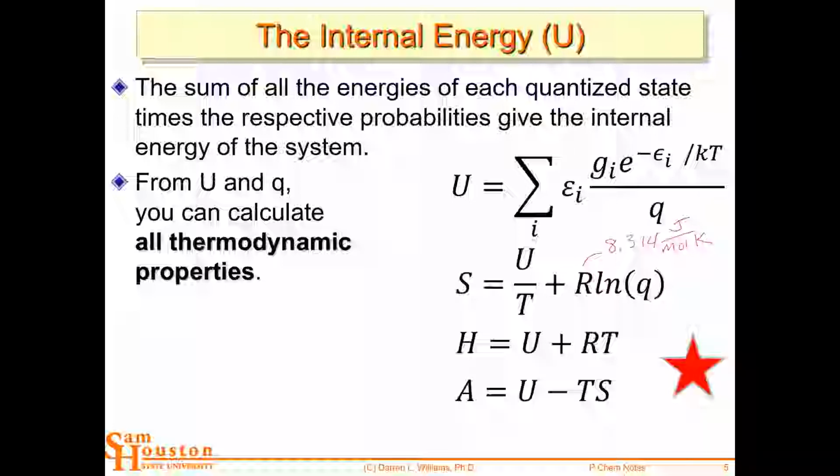And then once we have that same thing, and the entropy, we could get the Helmholtz free energy. That's A. So this one is Helmholtz. And it is analogous to the Gibbs free energy, only it's at a constant volume.